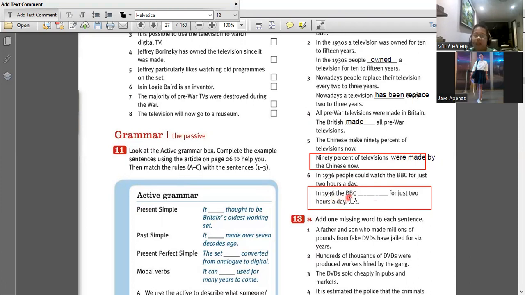Again, in 1936, the BBC, in people. I don't think so.